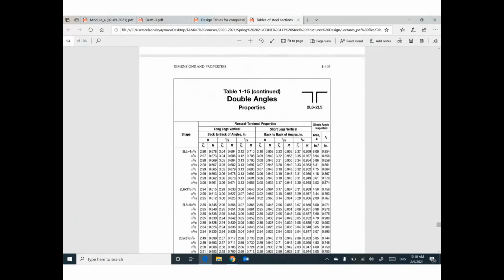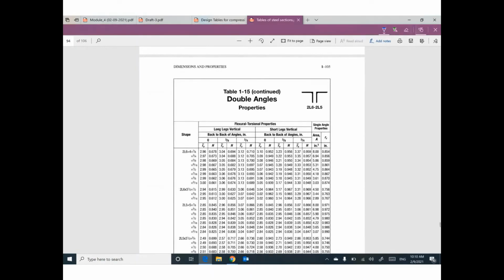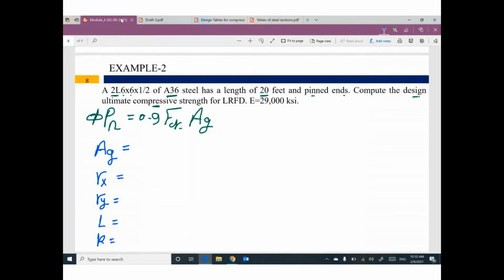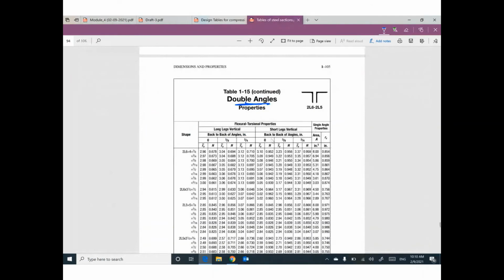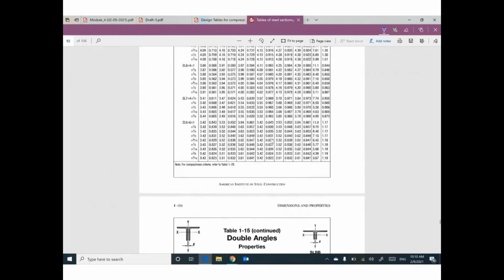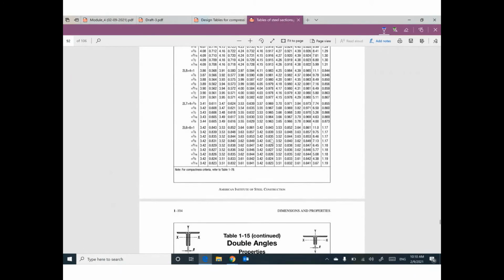Yes, here you go. We have double angles. We have tables for double angles. One more time, the cross section in this problem is 6 by 6 by 1/2. So 6 by 6, there you go. 6 by 6 by 1/2, this one. 2 angles 6 by 6 by 1/2.